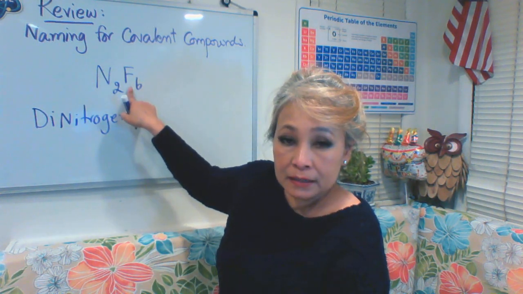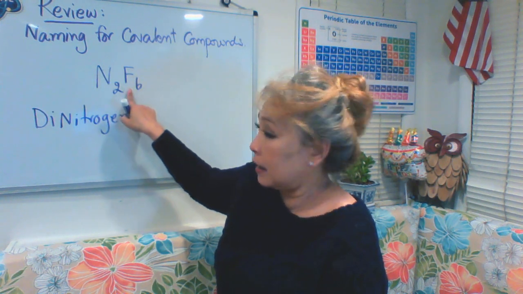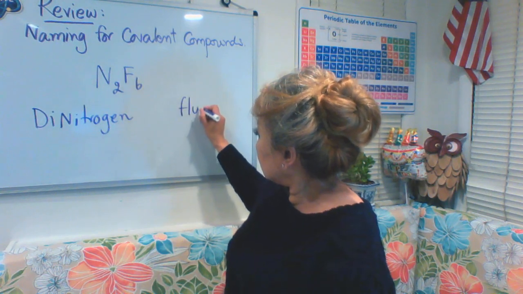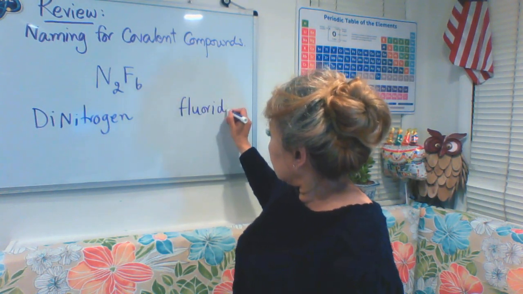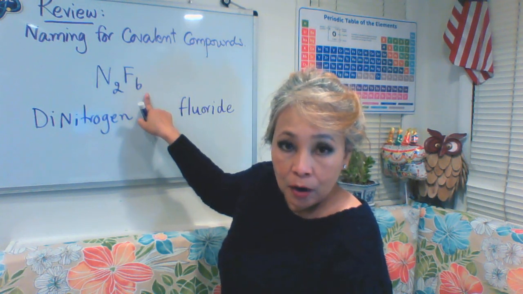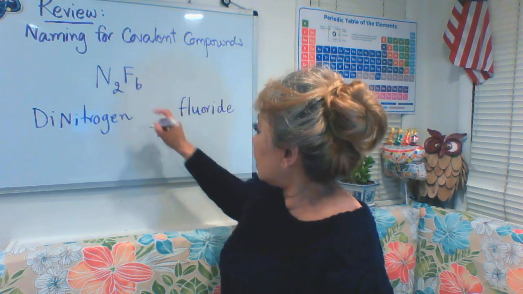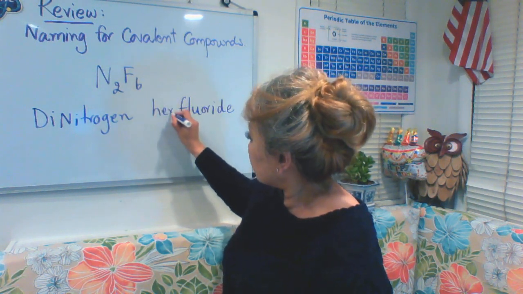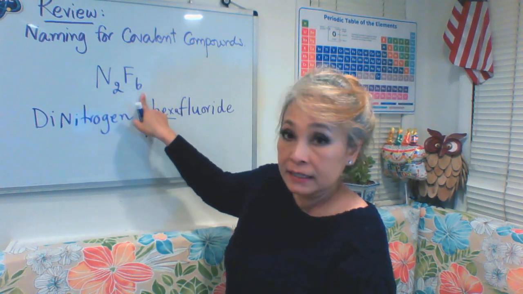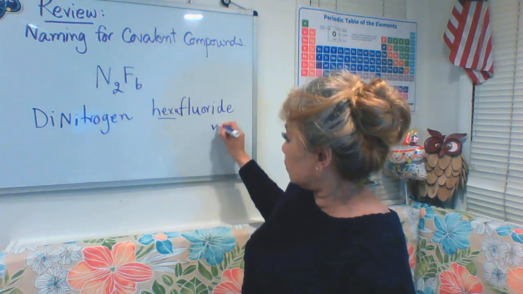The second element, name ending with ide. F is fluoride. Write down. How many atoms of fluoride? 6. What is the prefix for 6? Hexa. Write down. The name of N2F6 is dinitrogen hexafluoride.